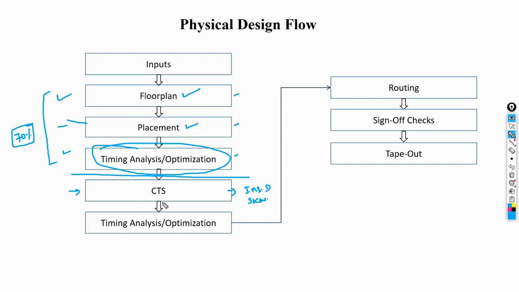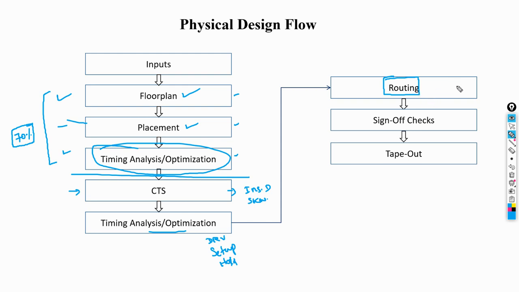In CTS, you build your clock tree and then verify if everything is meeting, and then again timing analysis and optimization. Here you look at your DRVs, and then your setup, and then your hold and so on. Okay, and then perform the routing.